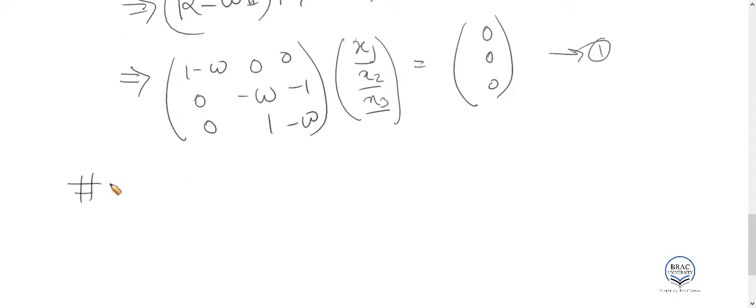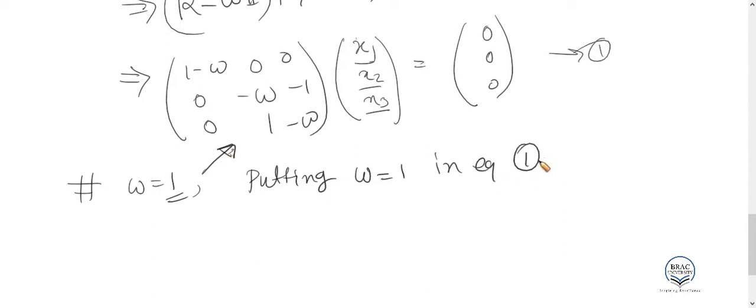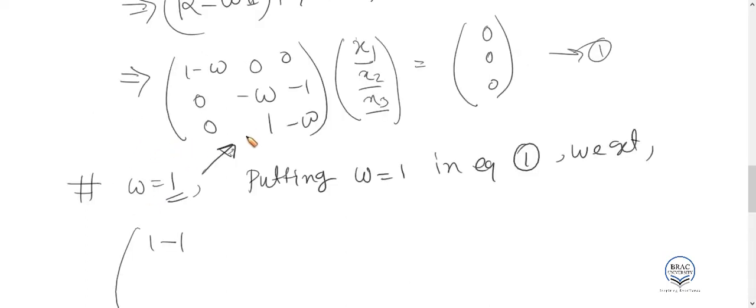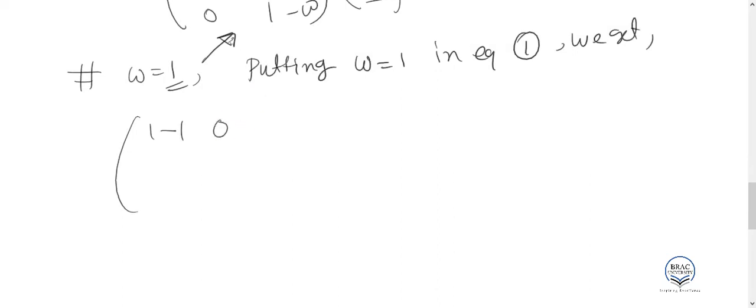So first we want to try with omega equals to 1, and we have to put it in this equation, that is putting omega equals to 1 in equation 1, we get 1 minus 1, then we will have 0 0, then I'll have 0 minus 1, because omega is equal to 1 and it came as minus omega, so this is just minus 1.